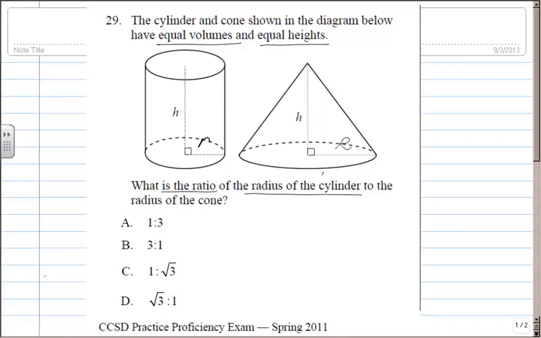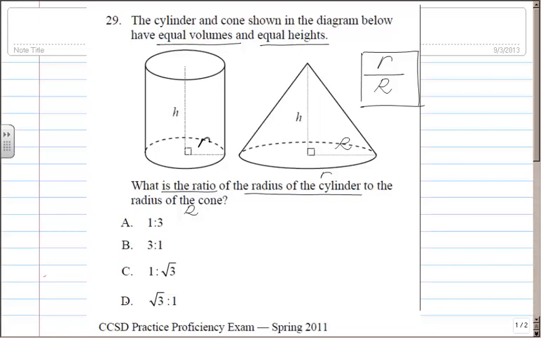So the radius of the cylinder, lowercase r, the radius of the cone, capital R, big R, and I'm looking for what? The ratio of the radius of the cylinder to the radius of the cone. So I need to find lowercase r over capital R, right?